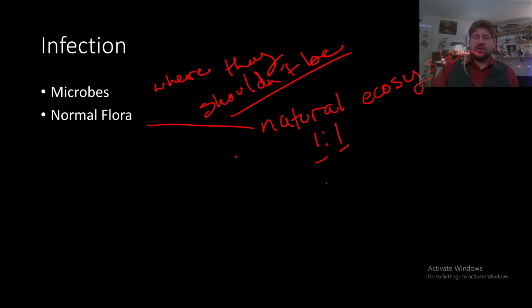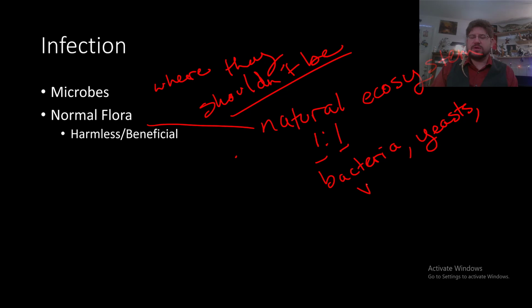There's bacteria, there's fungus, like yeasts, and there's even viruses that make up the normal flora. And as I've said before, normal flora in general is harmless at worst, and at best beneficial or even vital to the healthy functioning of the organism.